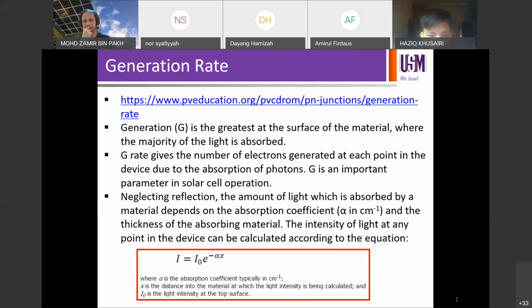You can unmute yourself, I can write down. Because it's related to generation, we need to be clear on that first. Or anyone else? Derwina?